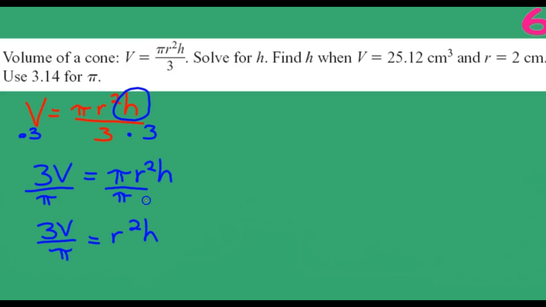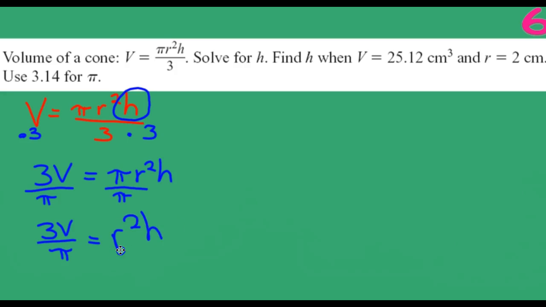Now I need to undo this r squared, and the way to undo an r squared is to find the square root. Excuse me, before we do that, we don't need to do the r squared just yet. So we have r squared h.